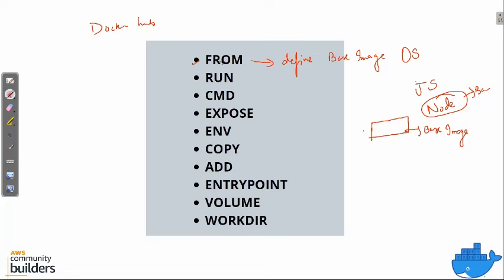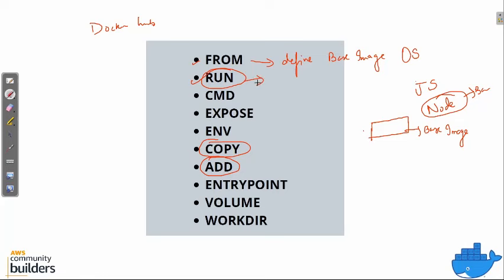Okay, now next is our RUN command. The RUN command executes a command in a new image layer, as I've already defined. This RUN will create a new layer, COPY will create a new layer, and then ADD. We can have multiple RUN commands.